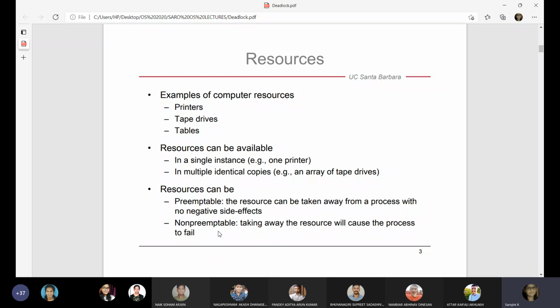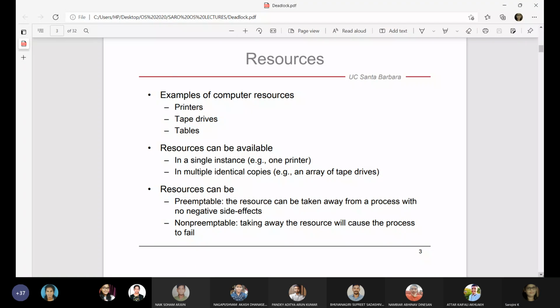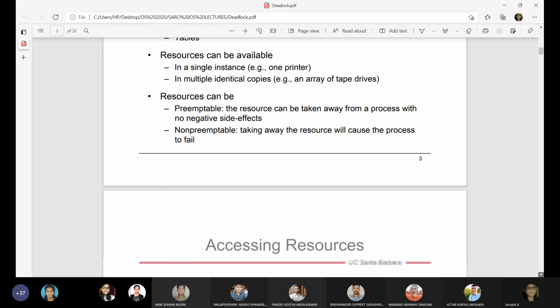That is non-preemptible. Preemptible means the operating system is allowed to take away the resource from any of the processes. Non-preemptible means the process itself can release the resource, but the operating system cannot take the resource from the currently processing process.